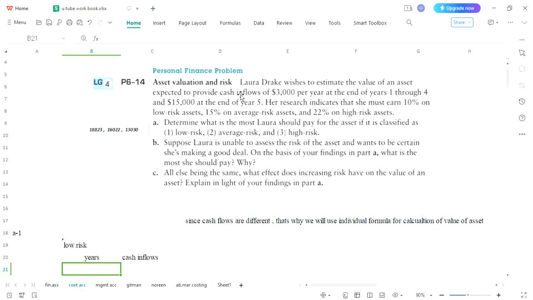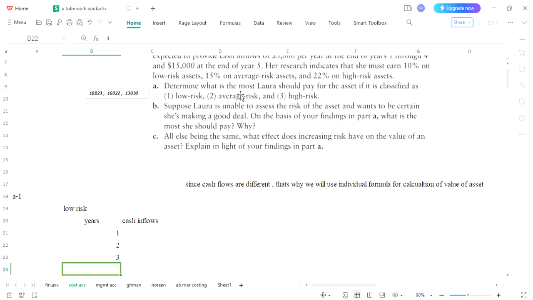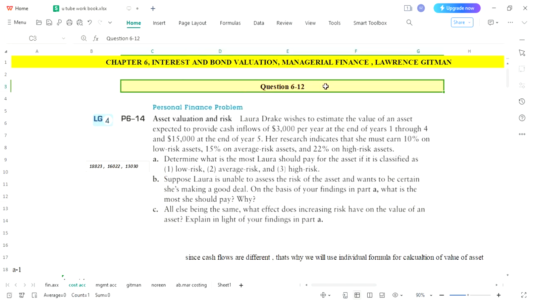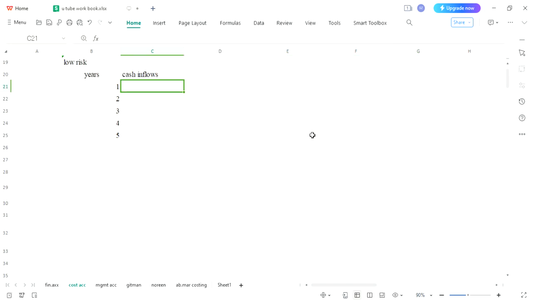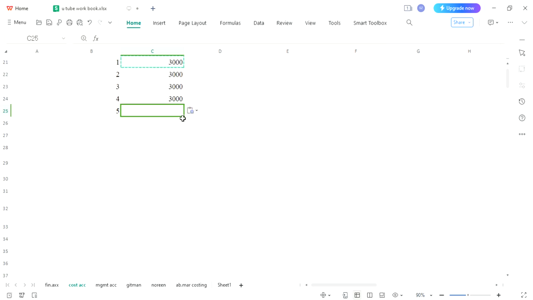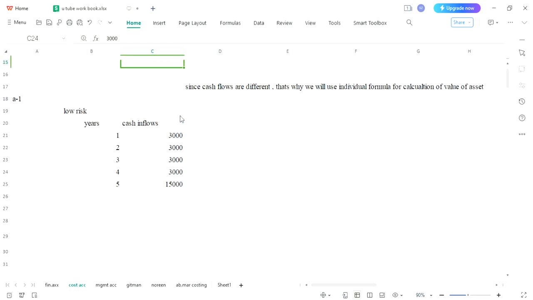So after 1, 2, 3, 4, 5 years, we have 3,000 for 1 to 4. So 3,000 for first year and the same 3,000 would be for the next 3 years as well. But at fifth year, you are earning 15,000. So let's put 15,000 over here. In this way, our statement is completed.